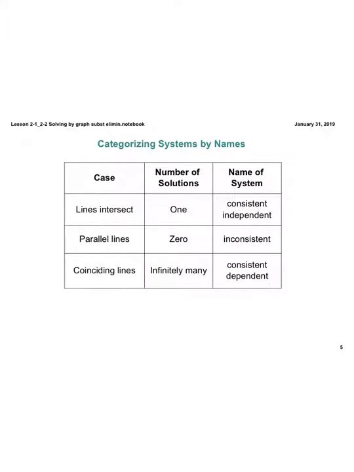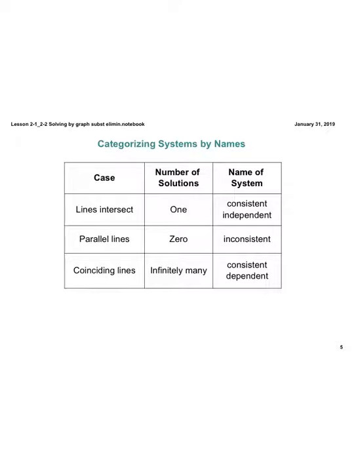Then all this is a table so that you can kind of put it all together. So based upon number of solutions, the name of the system, and then what type of lines you have. So you have lines that either intersect, and that means they have one solution, or you have parallel lines that don't intersect, or coinciding lines which intersect each other an infinite number of times.